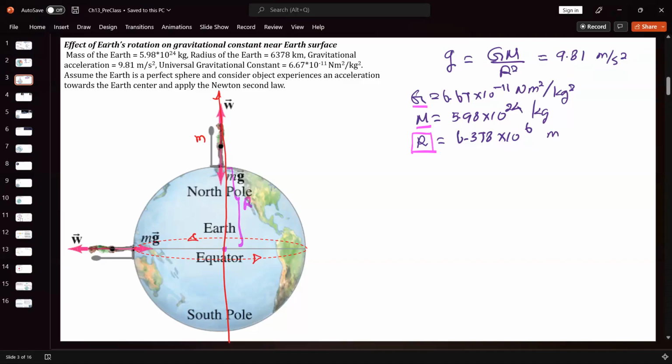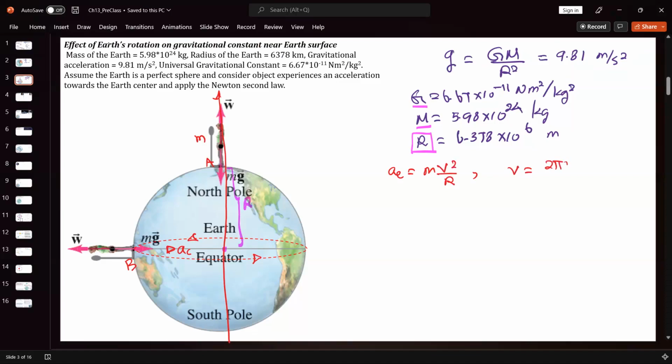As a result, there is no centripetal acceleration acting on the person when the person is at the pole, point A. But if I bring the person to point B, that person will experience centripetal acceleration towards the center. That's going to be a_c, and we can calculate it as the V squared divided by the radius of the Earth. That V, we can actually calculate.